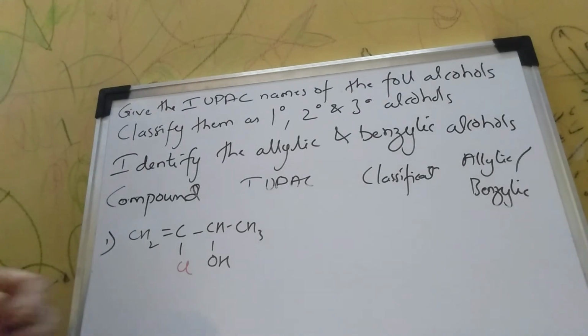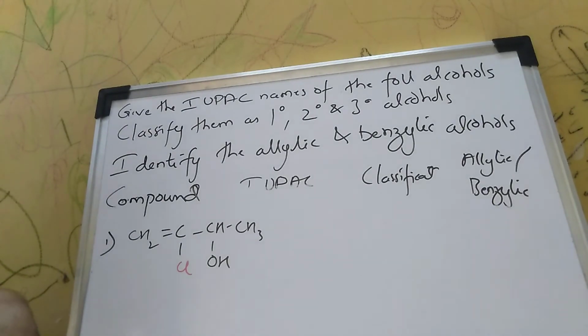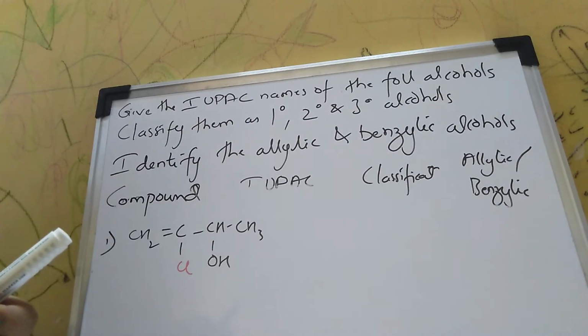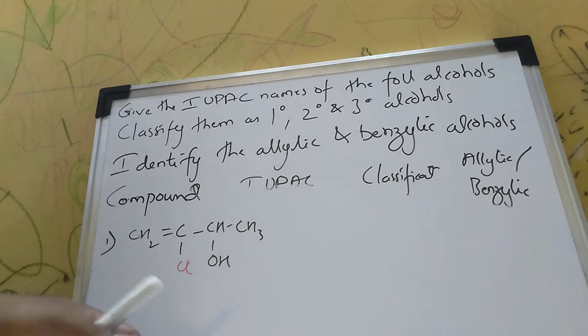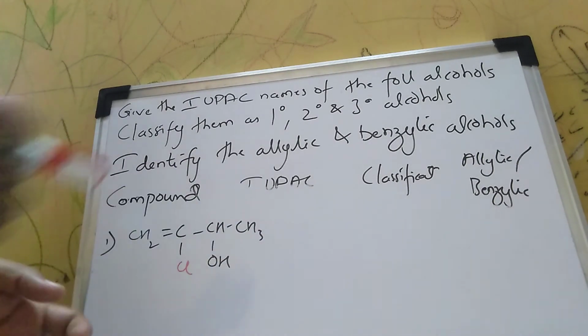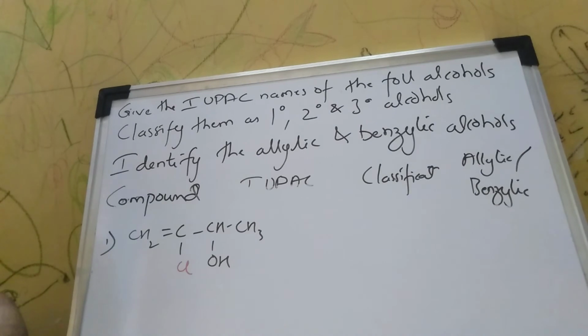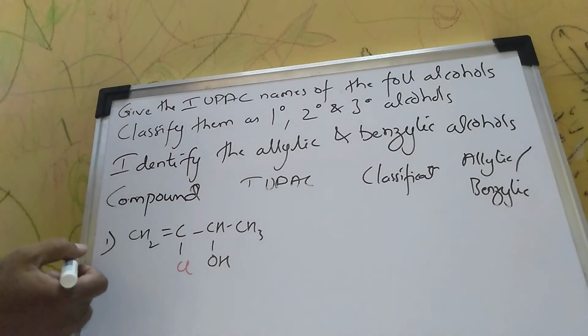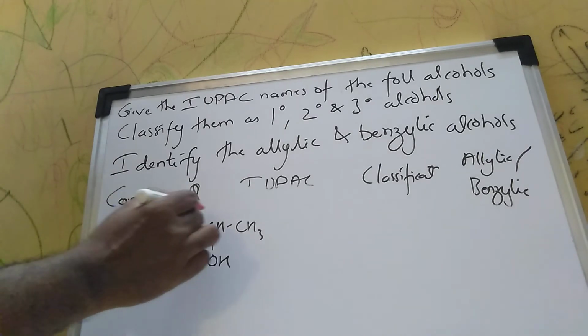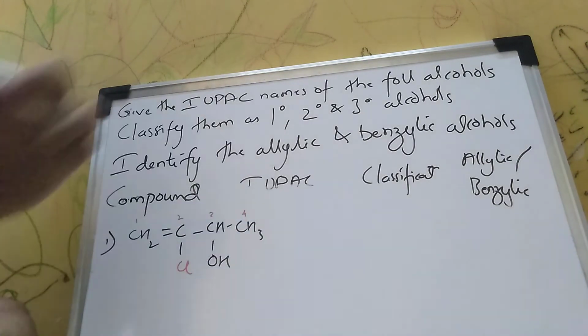Now here you have to follow the priority rule, and according to that you have to do the naming of the carbon chain. Here, instead of starting from the right hand side, according to the priority rule, you have to start from the left hand side. So this will be your first, second, third and fourth.